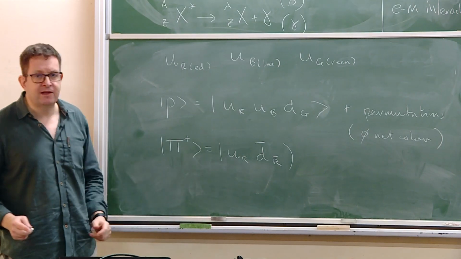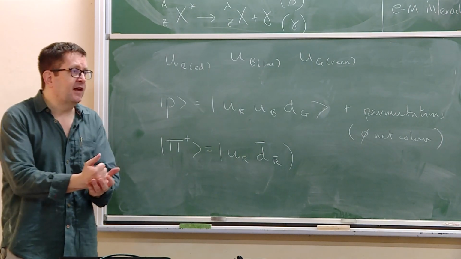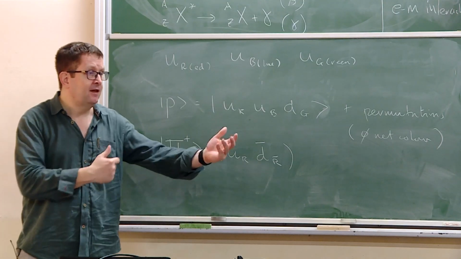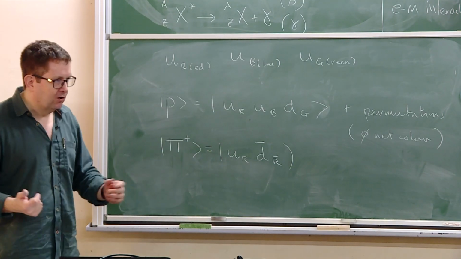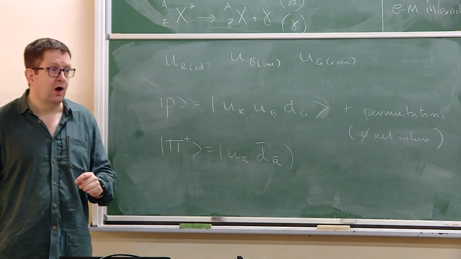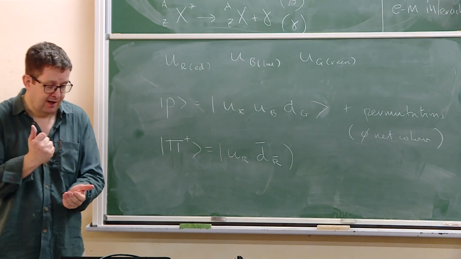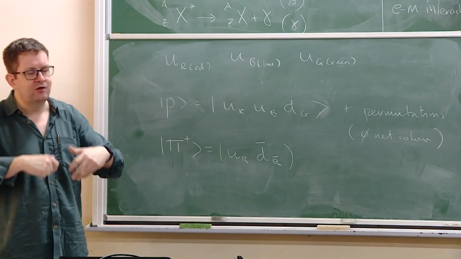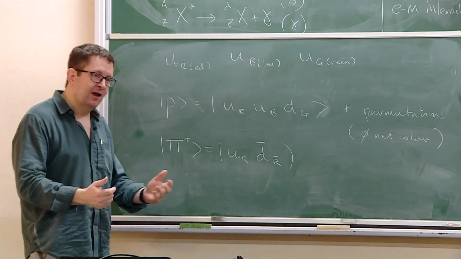And this cancels out to give zero net color. So these bound states of quarks were all found to have zero net color, and hence they are observable. But we can never see a quark by itself as a result of this. Quarks are confined because they have net color, and when you try and move them apart from one another, it takes so much energy you create colorless objects, you make other particles.